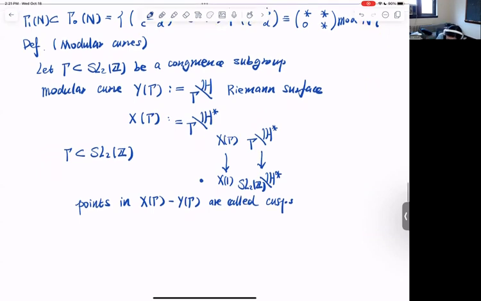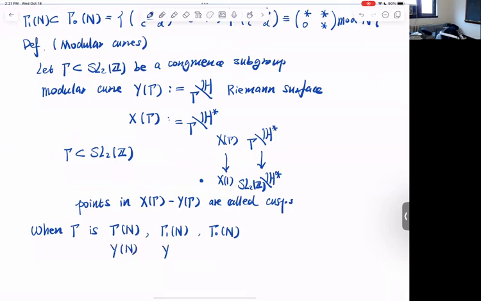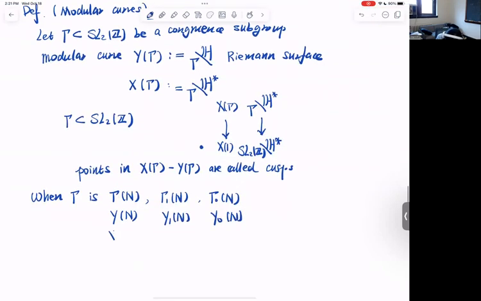When gamma is gamma of n, the principal congruence subgroup, gamma 1 of n, or gamma 0 of n, then these curves are usually denoted correspondingly Y of n, Y1 of n, Y0 of n, X of n, X1 of n, and X0 of n.